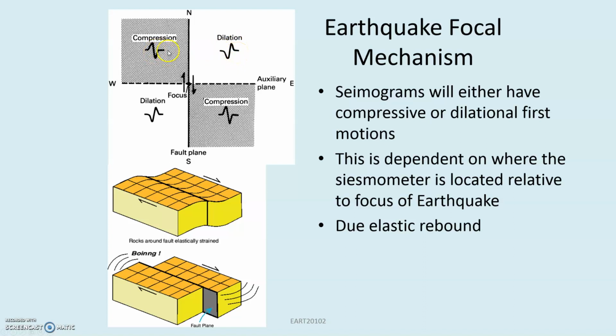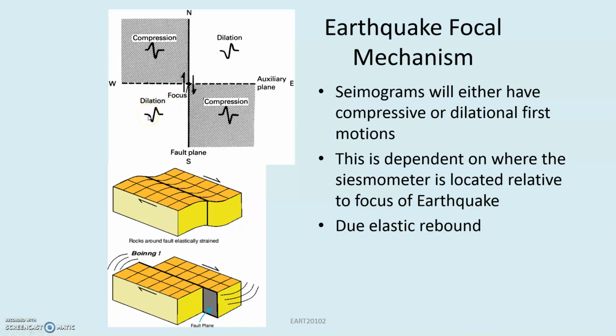And we can think about that on the other side, on the western side of the fault. Again, anywhere in this shaded region here, the first motion will be towards the seismometer, so it'll be a compressional first motion. And then anywhere over here, because the block is moving northwards, the first motion will be away from the seismometer, so it'll be dilatational.